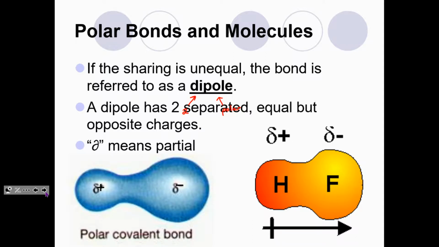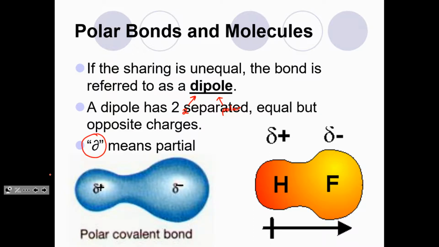So in this one, we're going to take HF as the example, and we're going to see that it has two different electronegativities, and because of that, it is going to have two different poles of electrons. So the hydrogen has a smaller electronegativity, fluorine has a higher electronegativity, and we get this unequal sharing.